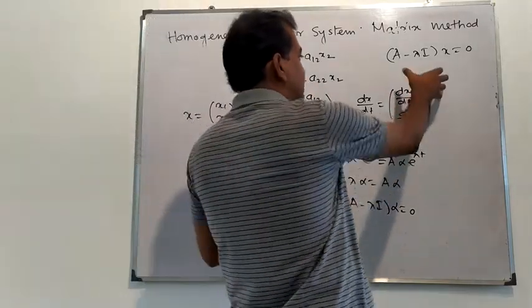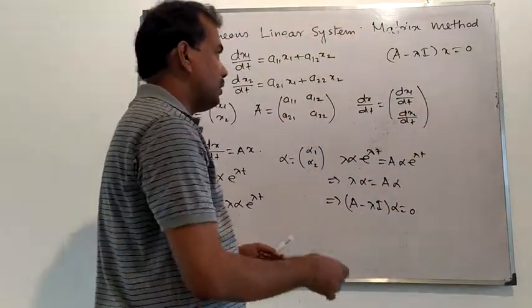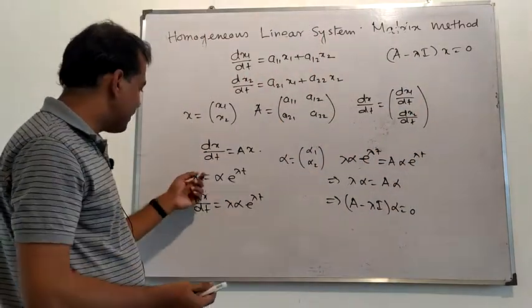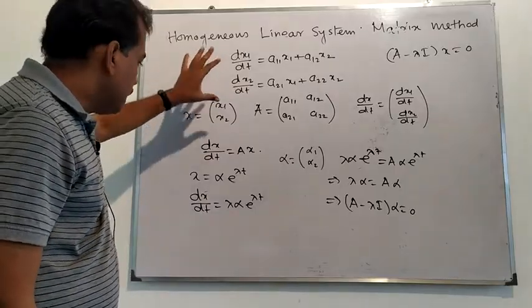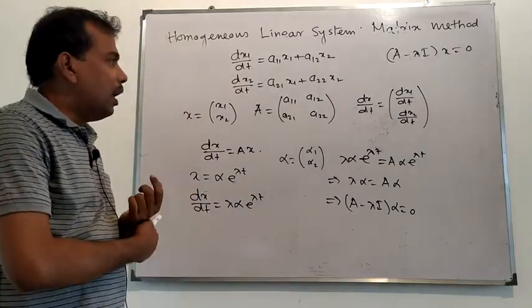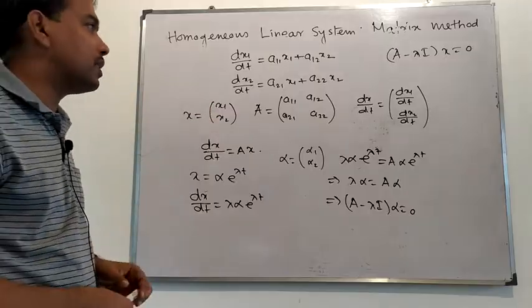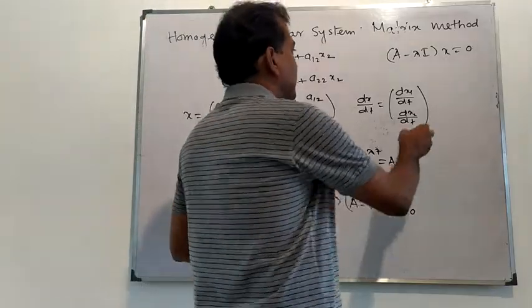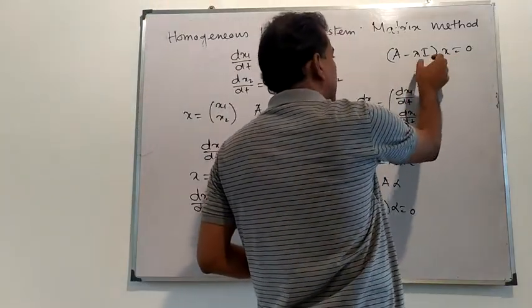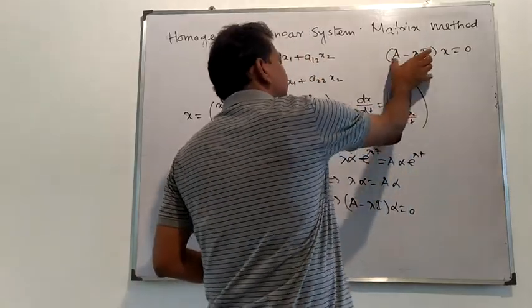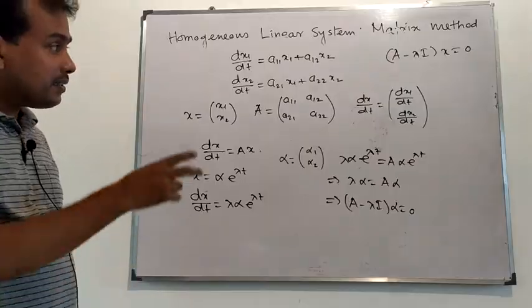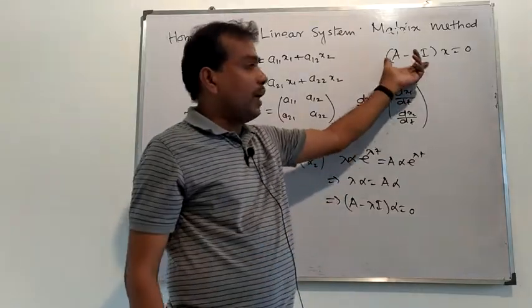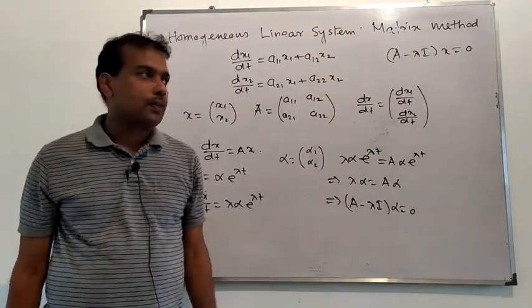Now this system has a non-zero solution. Obviously, x equal to 0 is a solution of the homogeneous system, but actually we want to find a non-zero solution of this system. This system has a non-zero solution if and only if the rank of A minus lambda I is less than 2, since here this is a square matrix of order 2.